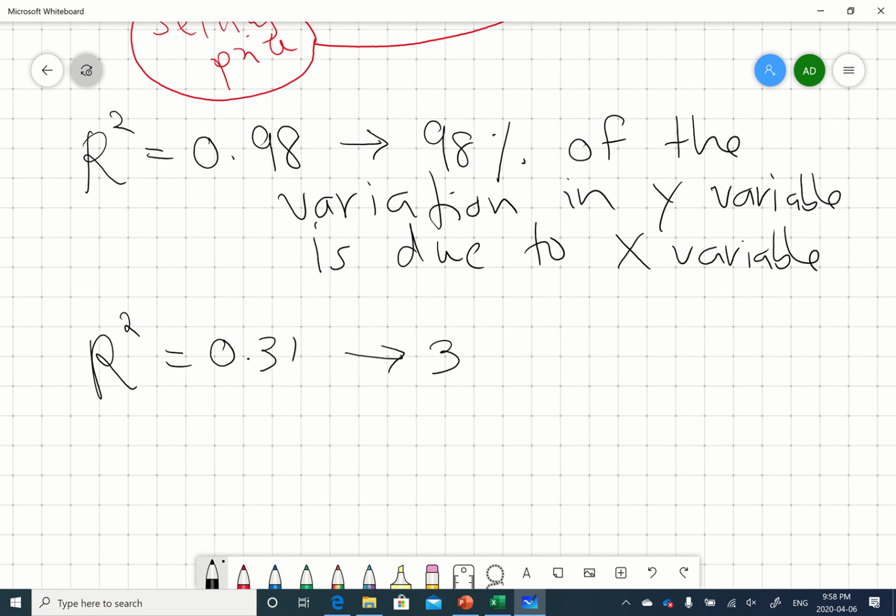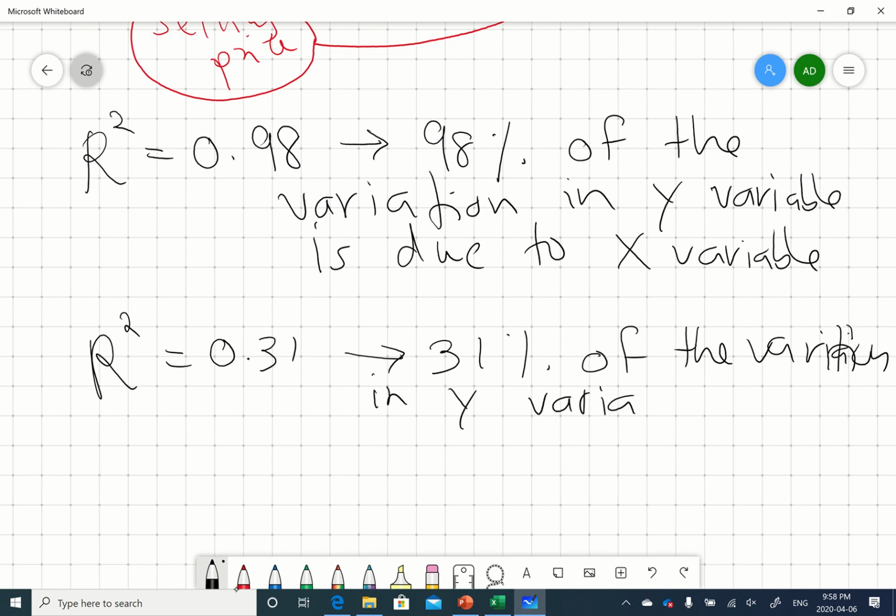this means 31% of the variation in y variable is due to x variable.